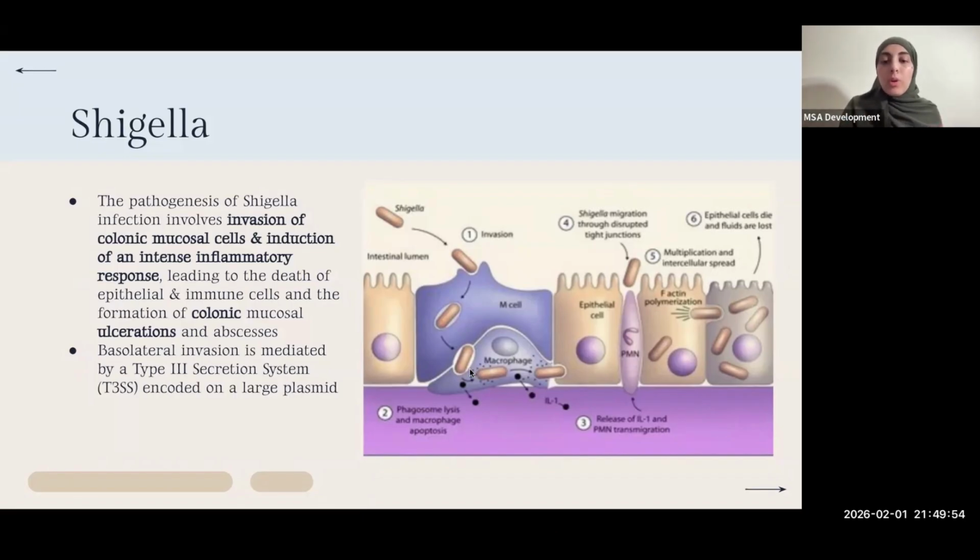And then it will go out of the macrophage into the nearby enterocytes, okay? Where it will then be pushed from one enterocyte to the next. So basically it goes into the M cell, is taken up by the macrophage, and then from the macrophage it will keep going into the enterocyte, from one enterocyte to the next. It will just move sideways between the enterocytes.